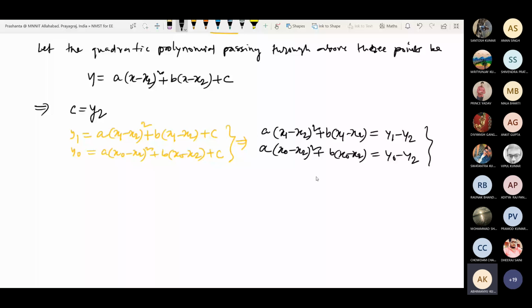So the values will be, let me write down, solving.